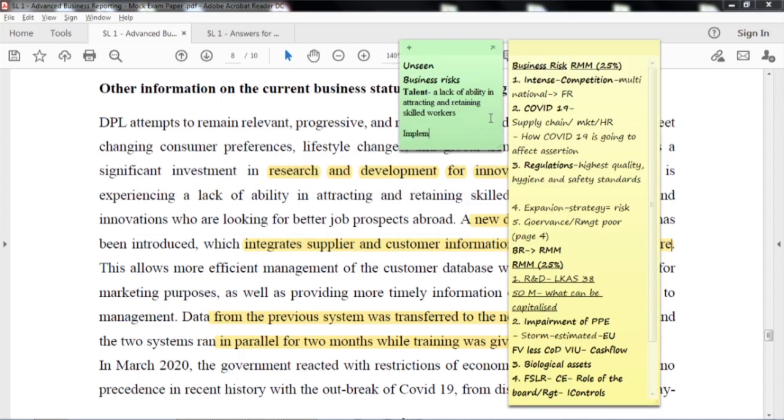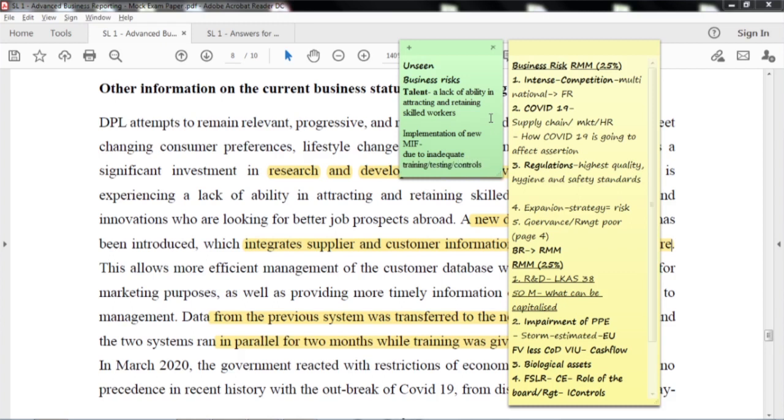implementation of new management information system. So, always when you explain a risk, it is good to say why, right, due to why this system can fail. One is inadequate training or inadequate testing, or inadequate controls.